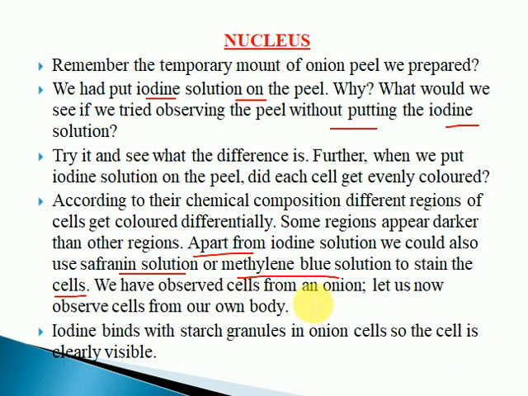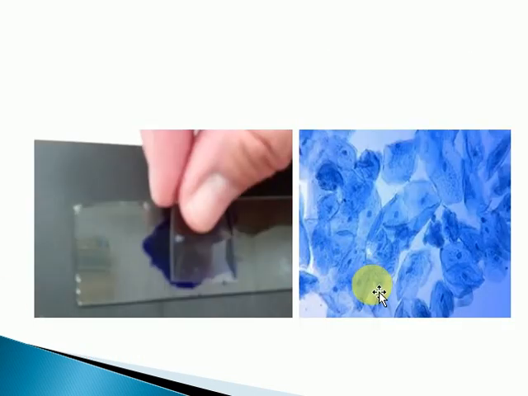We have observed the cells from onion. Now let us observe some of the cells from our own body. See this cell. These are the cheek cells. We take the cheek cells with the help of a spatula. We scrape the cells and then we put them on a slide.